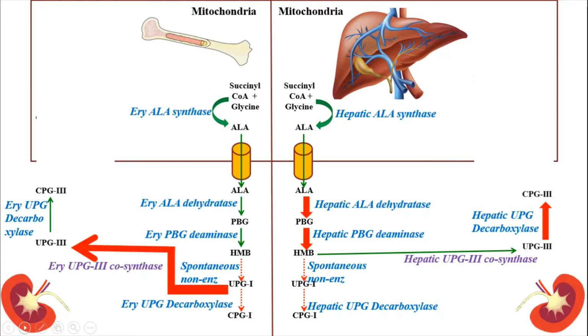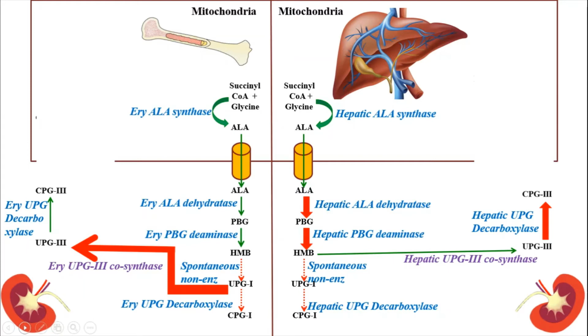Then the accumulated product will come into systemic circulation, oxidize to uroporphyrin, will create clinical manifestation due to overaccumulation, and finally will excrete through urine.